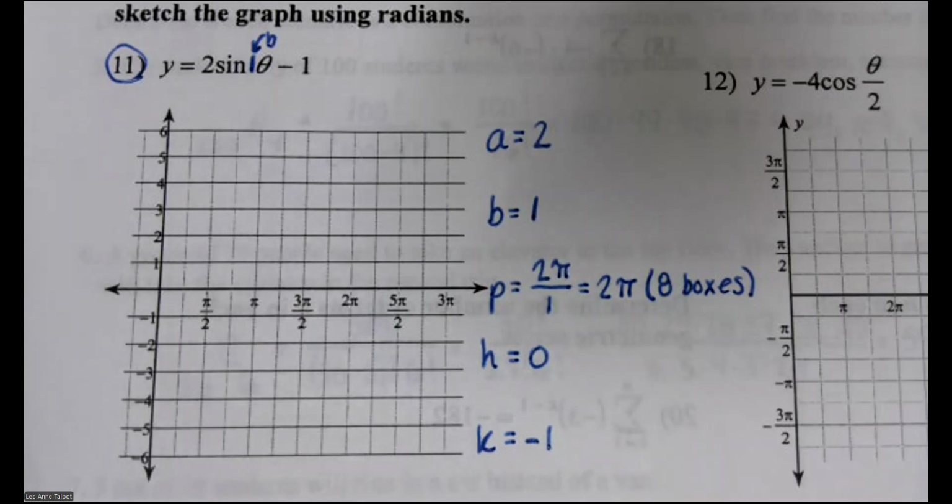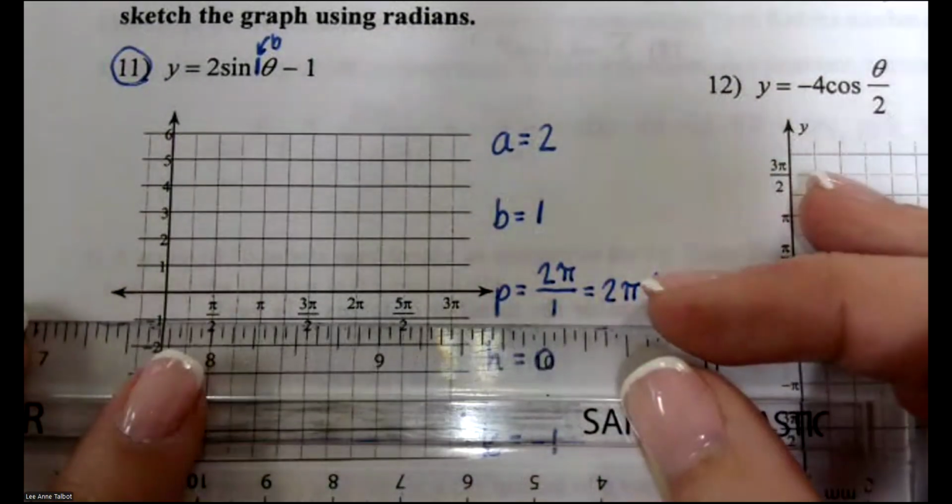Do you have any questions about where I got those values from before we start? Okay. You sure? You positivo? Okay, so start with k, make your midline at -1.